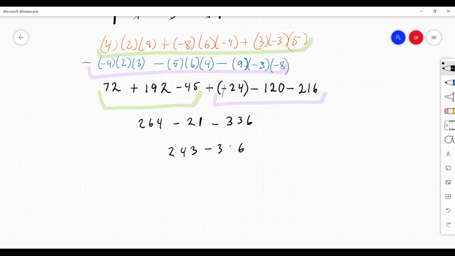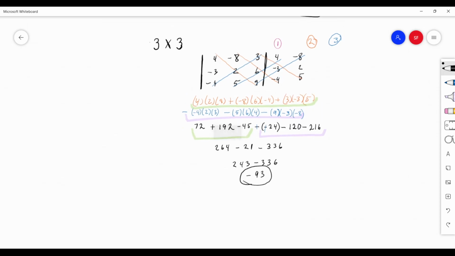It's got me doing stuff in my head. It is scary because I've never been very good at mental math. Negative 93 is what I got. That is the determinant of that 3x3 matrix.